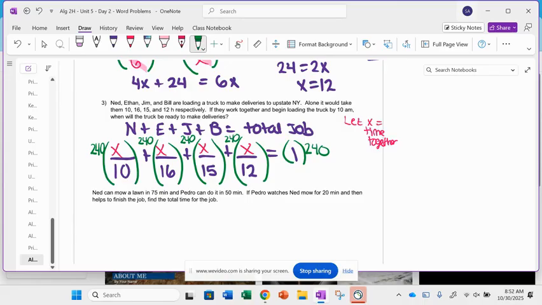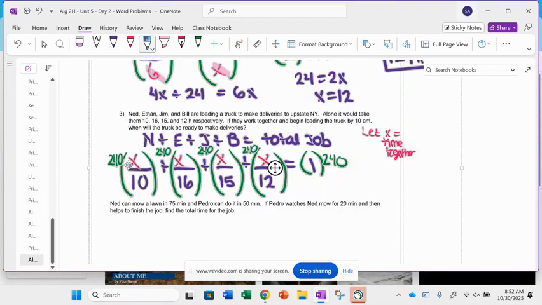So now we cross simplify. 10 goes into 240 24 times. 16 goes into 240 15 times. 15 goes into 240 16 times. And 12 goes into 240 20 times.